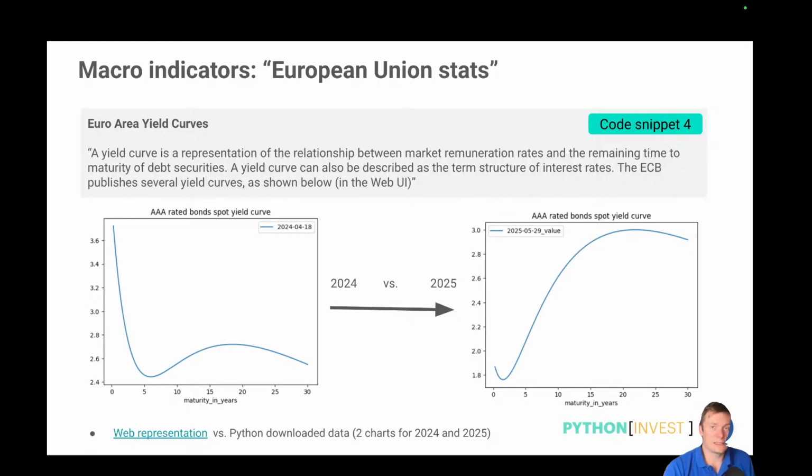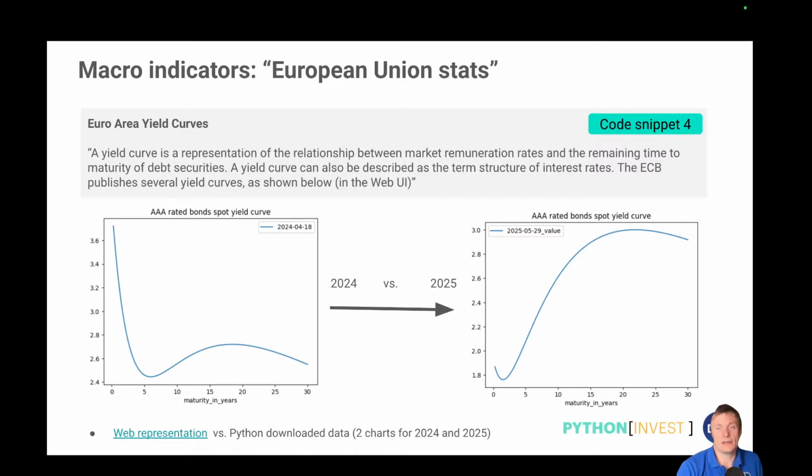Next, I'd like to discuss one macro indicator from the European Union. It is the ECB, European Central Bank, and how this central bank defines the yield curve. We discussed Fed rates and treasury bills for the US, so some rate curve for the US.